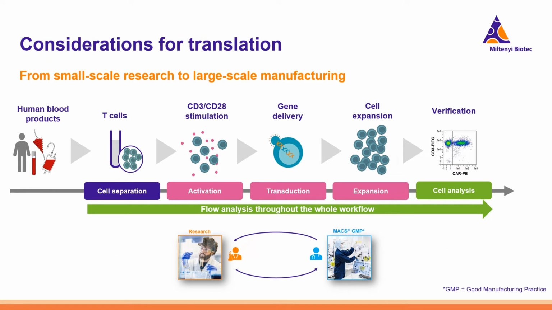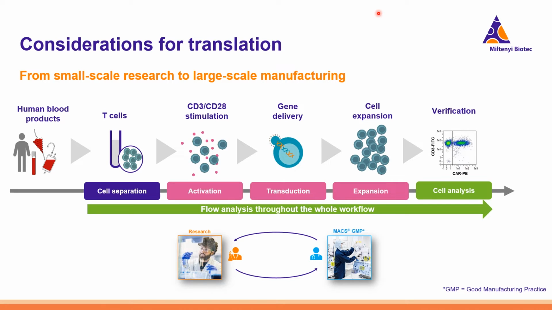We follow the workflow depicted here on this slide, starting from human blood products, followed by CD4, CD8 T cell isolation, the activation of the T cells via CD3, CD28 receptor engagement, followed by gene delivery by viral transduction or electroporation, then the ex vivo expansion of the CAR T cells, as well as a phenotypic and functional verification at the end of the workflow in a research setting, and this is also quality control in a clinical setting of the final product.